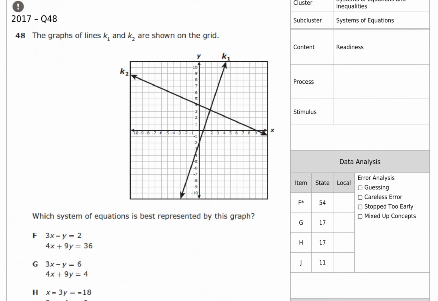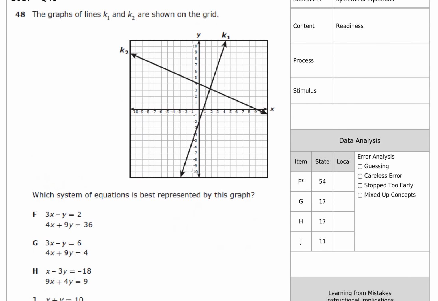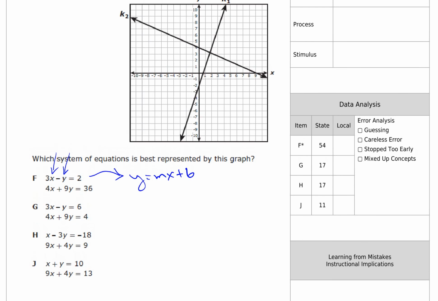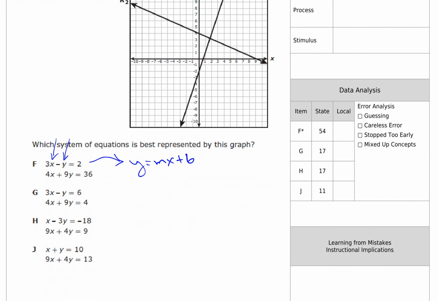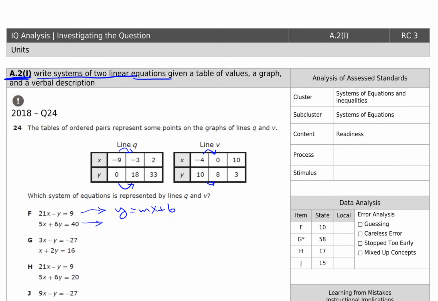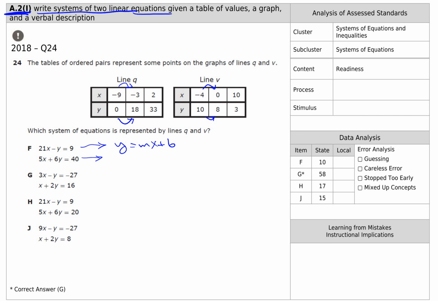And the same holds true for this graph one. We can rearrange these to where it's y equals mx plus b, and then graph them and see if they match. We could also plug in zeros for our x and our y and check the x and y intercepts and see if they match. In this case, the answer is F, and in this case, the answer was G.